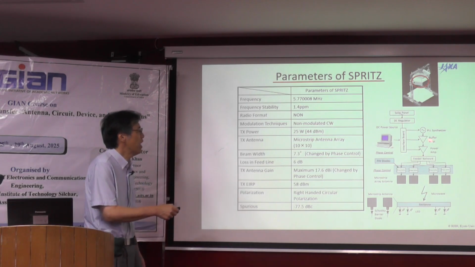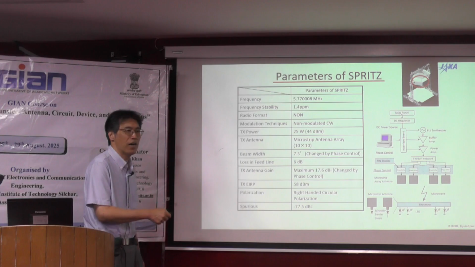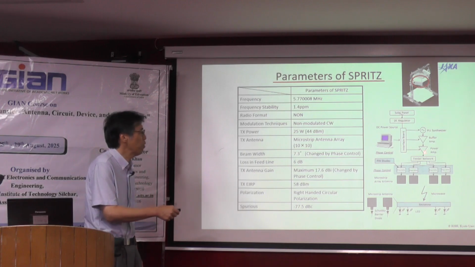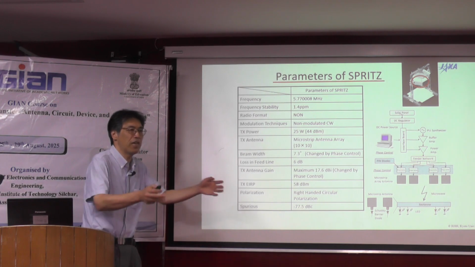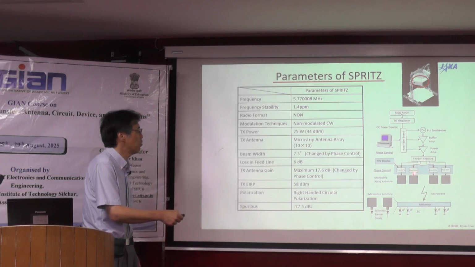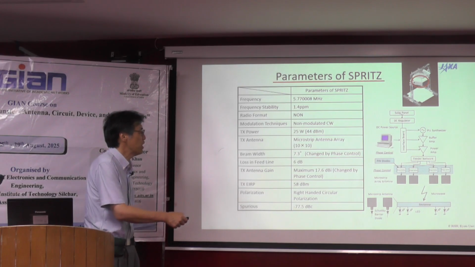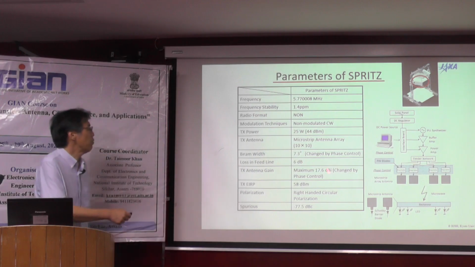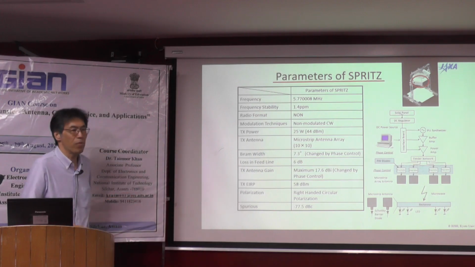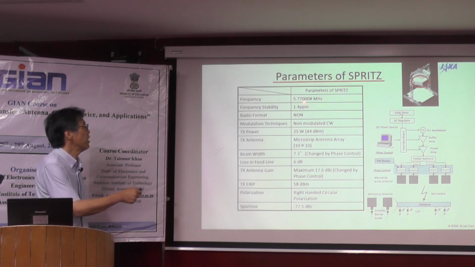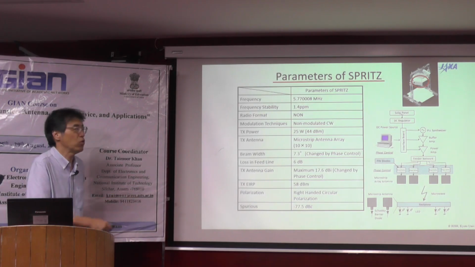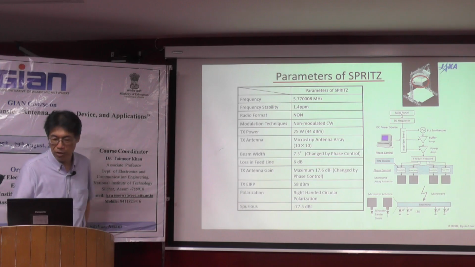We use only one very high power amplifier, and after the high power amplifier, we install the power divider, or feeding network, into phase shifters and antennas. We install the phase shifter only after the power divider. At last, from this antenna, we control the beam direction. The parameters are there. Compared to the previous two experiments, we increased the frequency from 2.4 to 5.8 gigahertz.